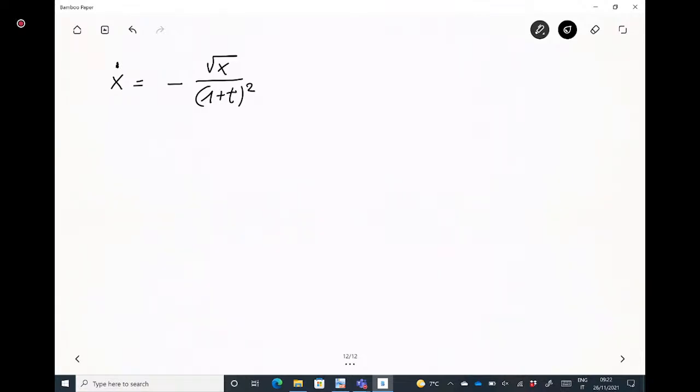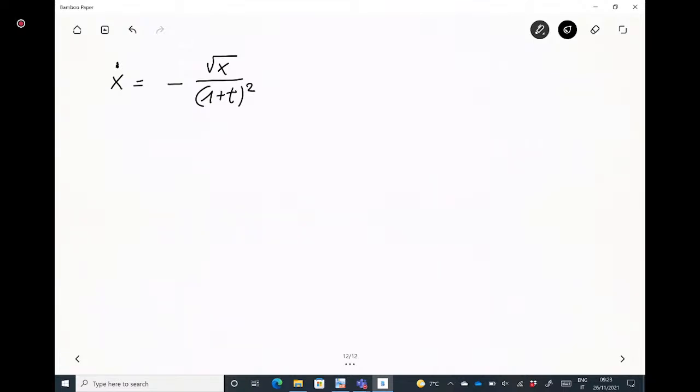Okay, so first have a look at the differential equation just to classify it, because this is useful for selecting the solution method. Clearly, this is a first order differential equation. It is non-linear because you see there is a square root of x here.